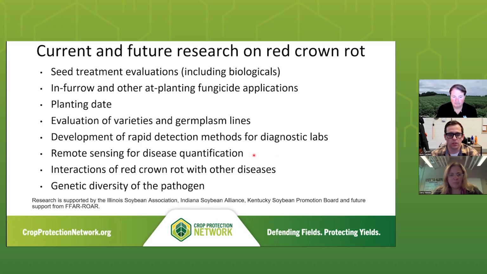We plan to explore the interaction of red crown rot with other diseases and also the genetic diversity of the pathogen, to see if it is exactly the same pathogen that researchers in the southern states had years ago, or probably adapted to this area.